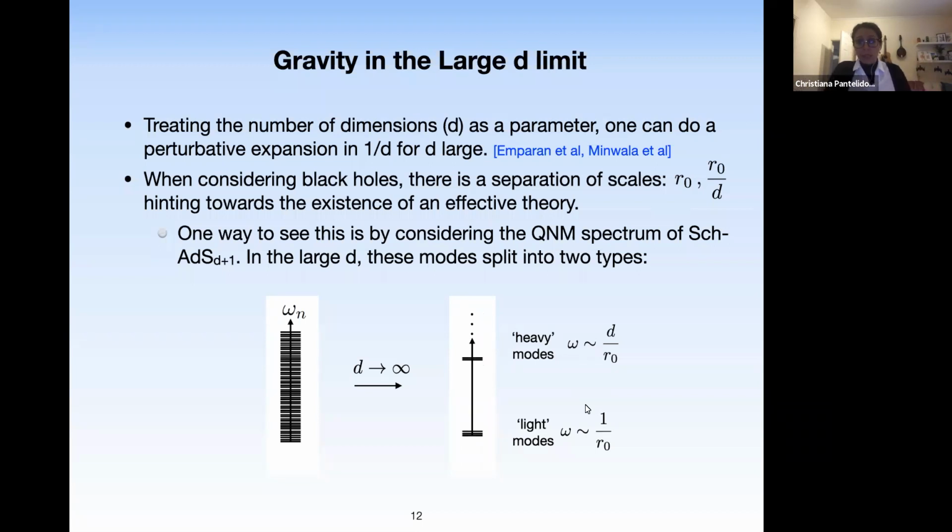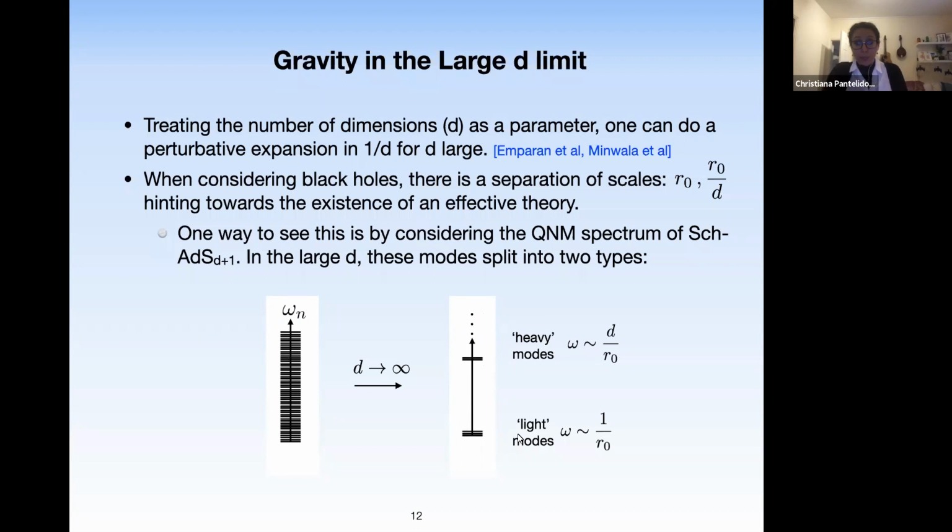This computation is very illuminating in the sense that it hints towards how to obtain this effective theory. If you simply integrate out these heavy modes, you will be left with a theory that describes the dynamics of these light modes, which turn out to be localized close to the horizon.